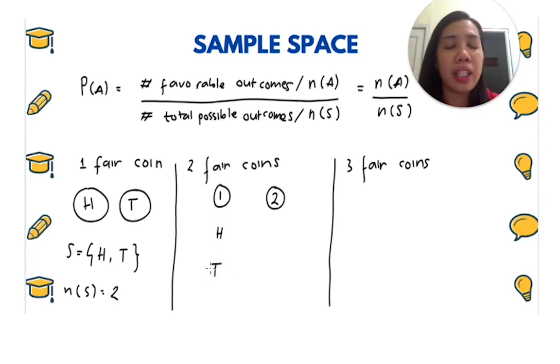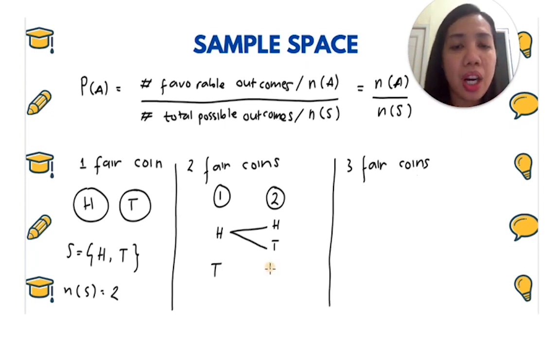Then for the second coin, we have another two possibilities, head and tail as well. So we can make two branches here. Likewise, if we have a tail in the first coin, for the second coin we can also have two more possibilities, head and tail. So we have another two branches here.